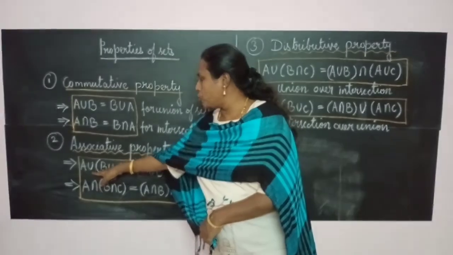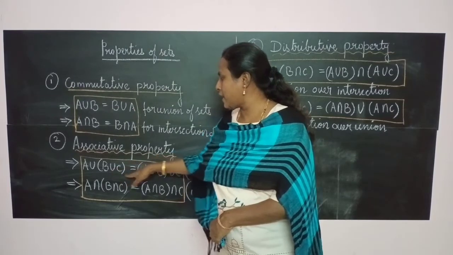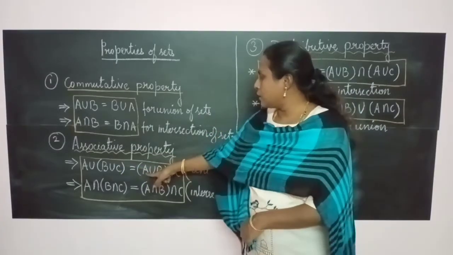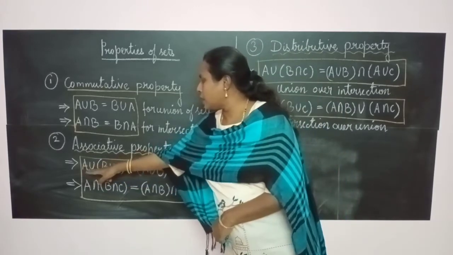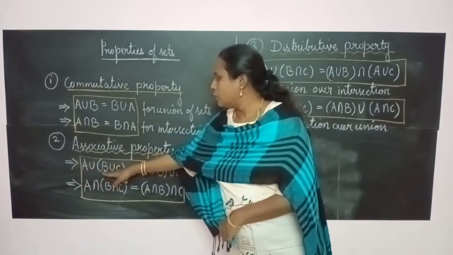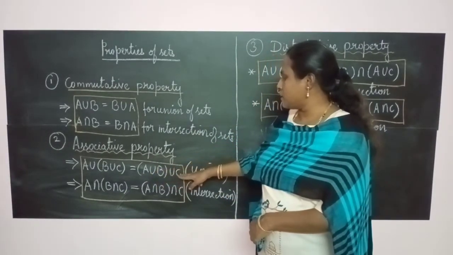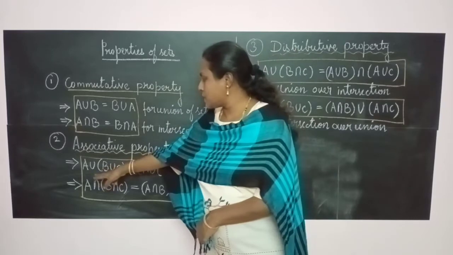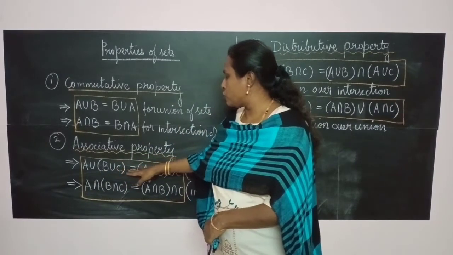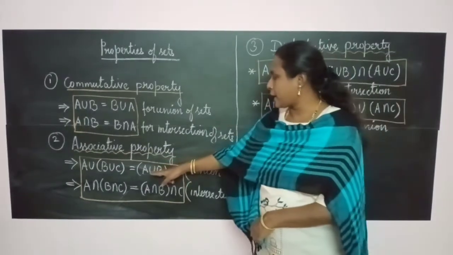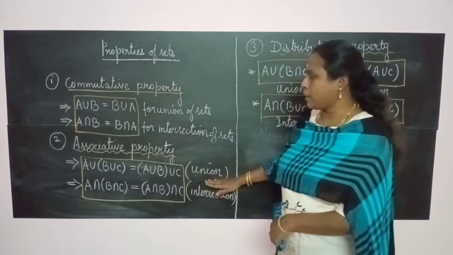A union open bracket B union C close bracket, with B and C inside the bracket, is equal to open bracket A union B close bracket union C, where the place of the brackets changes and it includes A and B. This is for union of sets.